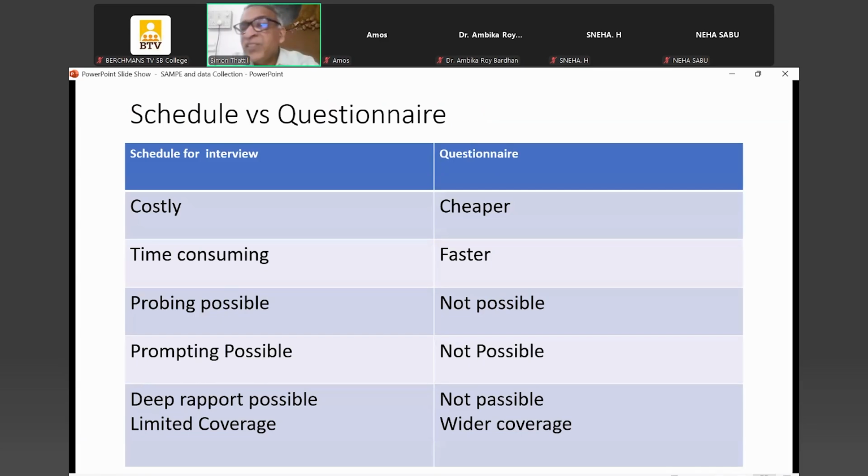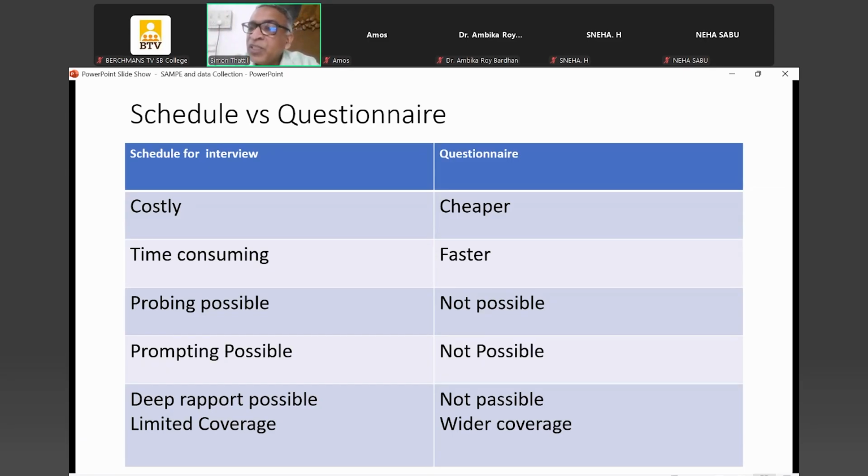Now, look at the difference. When you're following an interview schedule, it is costly, because you are going personally, traveling. The researcher travels personally to the point of the interview and collects data, so it's costly. Whereas with a questionnaire, I prepare it once and send it by post or by email to any number of places.